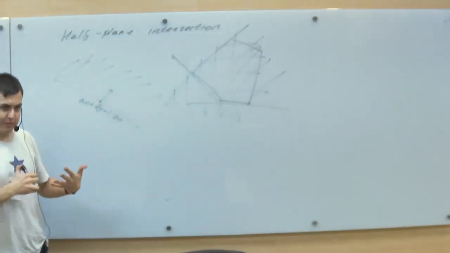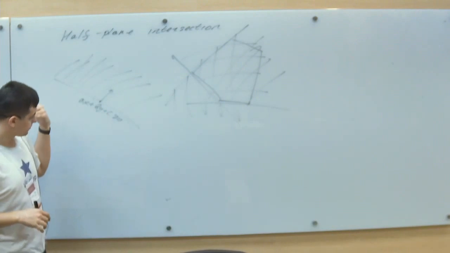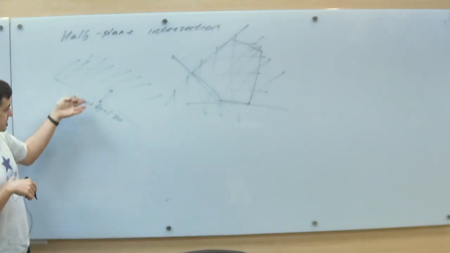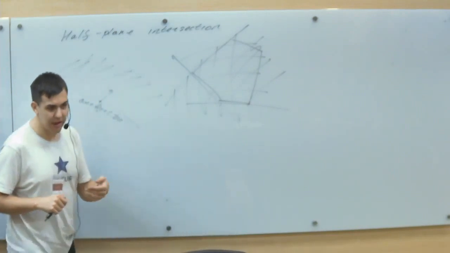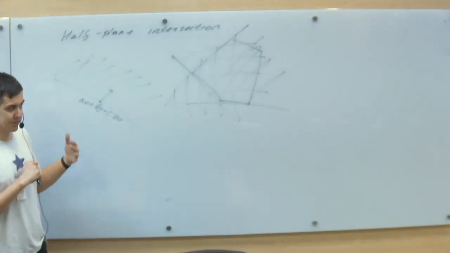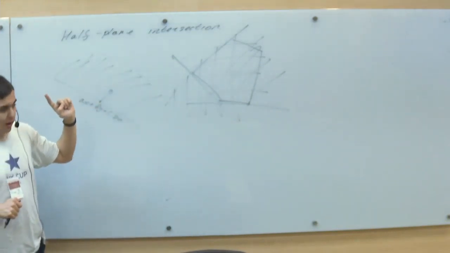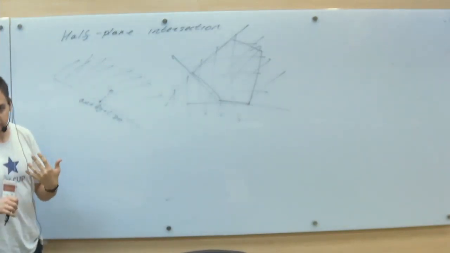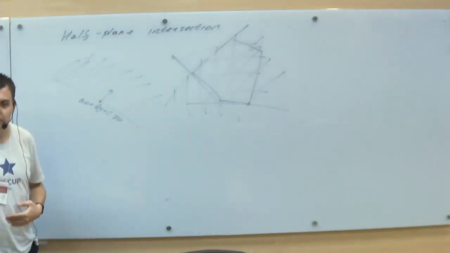And a lot of problems can be reformulated to find the intersection of these half-planes, or maybe check if the intersection is empty or not. By the way, these two problems can be solved differently. So there is an algorithm for finding the exact shape of the intersection of these half-planes, and there is another algorithm that can be used to check if the intersection is empty or not, and the second one is easier, of course.